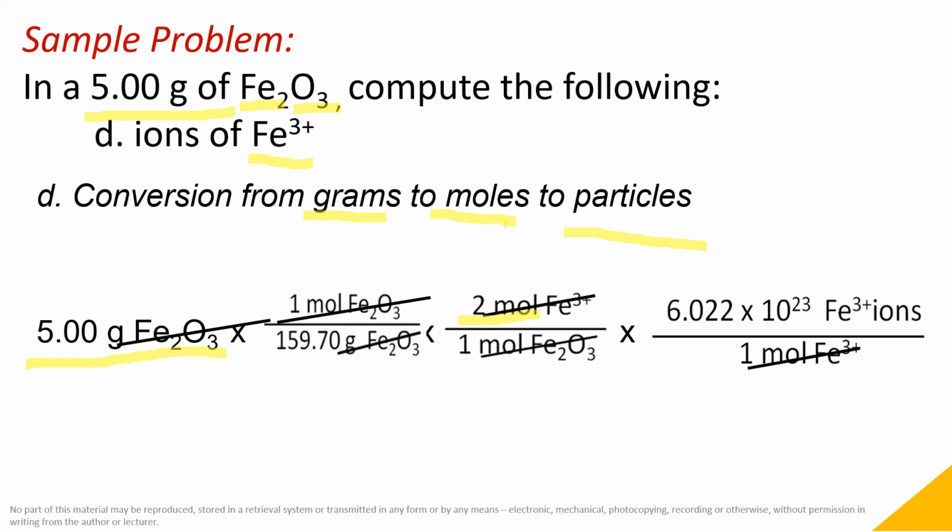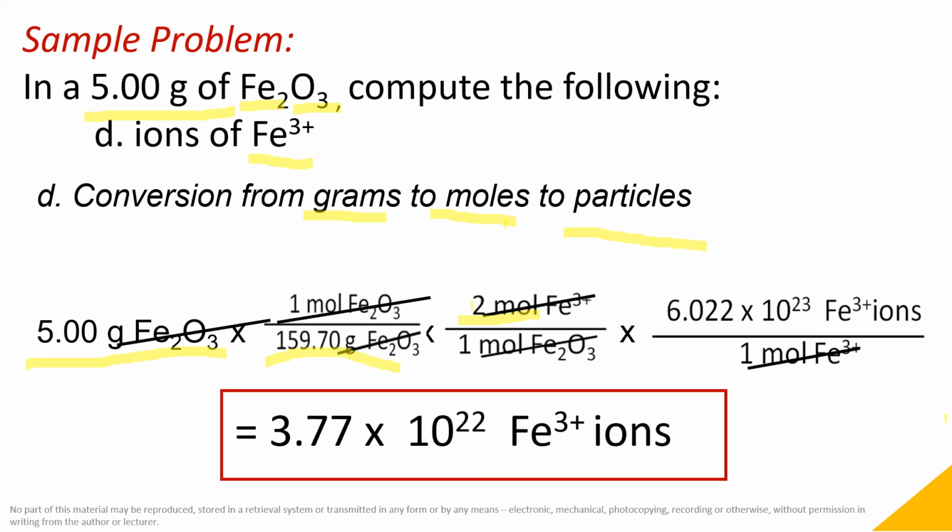So 5 times 1 times 2 times 6.022 times 10 raised to the 23rd power divided by 159.70, and the answer would be 3.77 times 10 raised to the 22nd power ions. Clear?